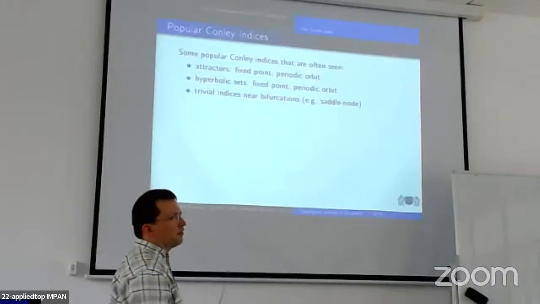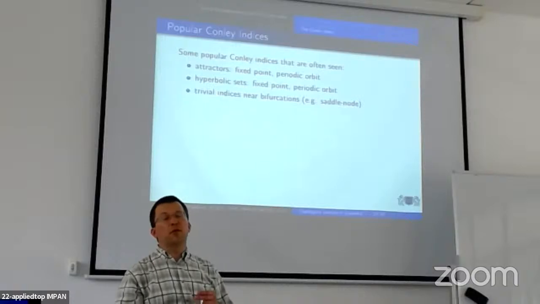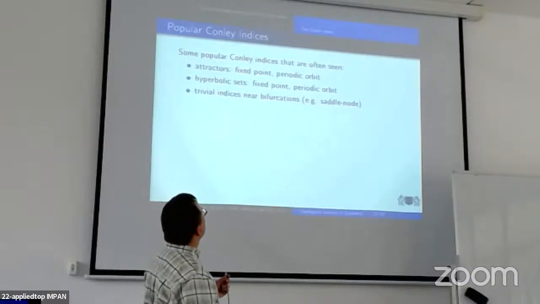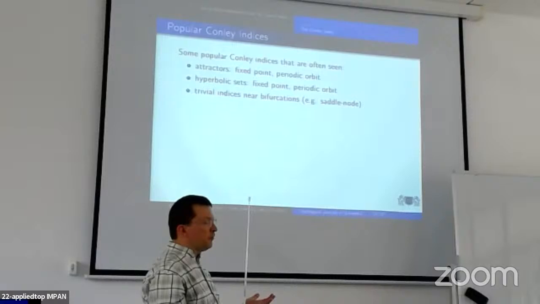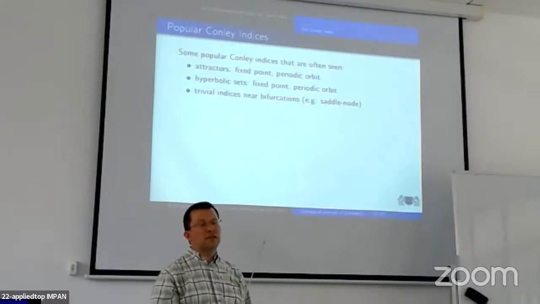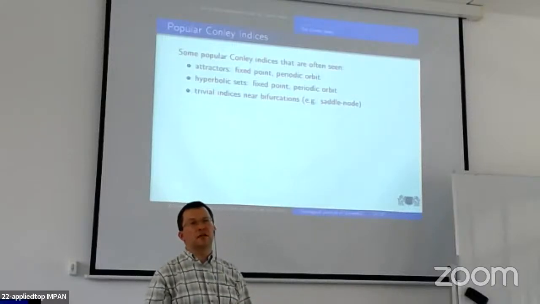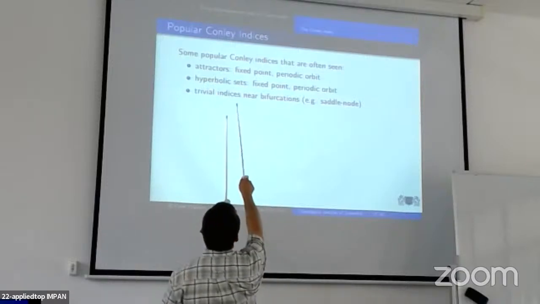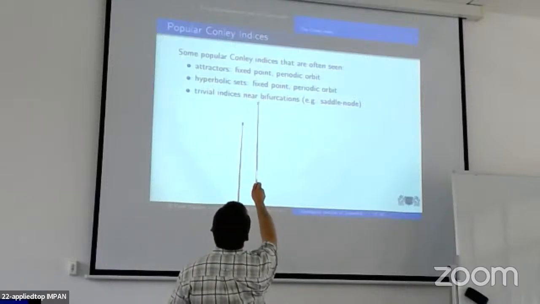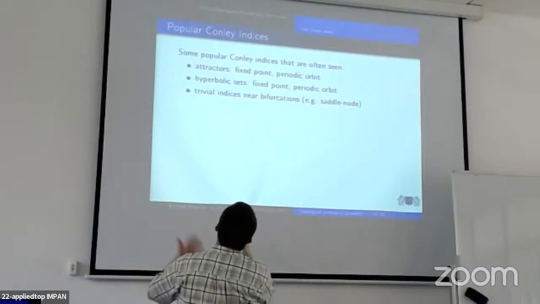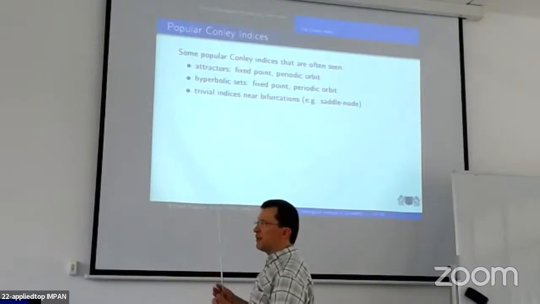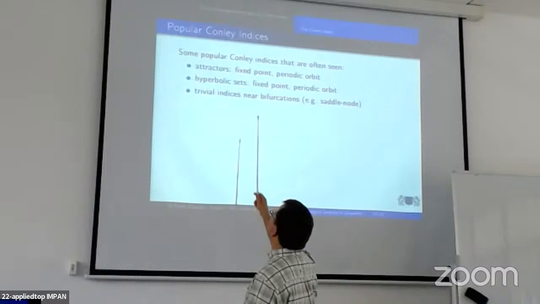First, let's explain the shapes of some popular Conley indices. There are different kinds of isolated invariant sets that appear often in dynamical systems, like fixed points and periodic orbits. These could be attractors. These could be hyperbolic sets with some unstable direction.